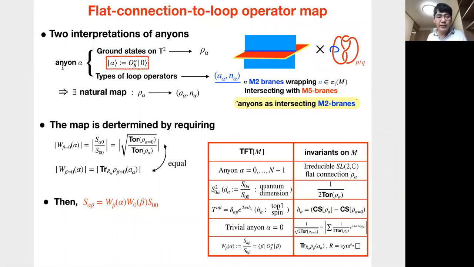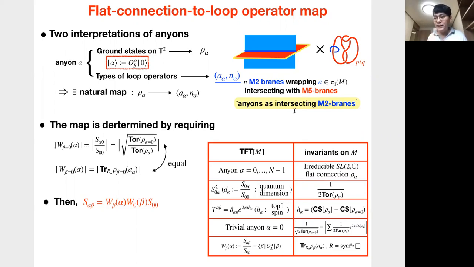On the other hand, this anyon can also be identified as a type of loop operator. In the 3D correspondence, this loop operator can be obtained by intersecting M2 branes with the M5 branes. These are labeled by the choice of the internal cycle, A alpha, and the number of M2 branes. So we can interpret this anyon as intersecting M2 branes.